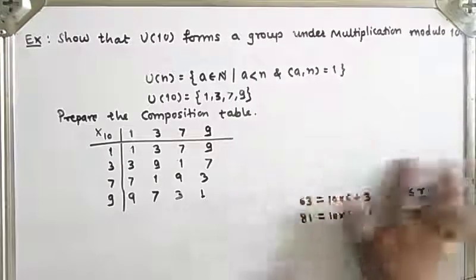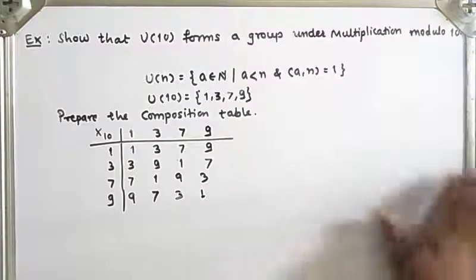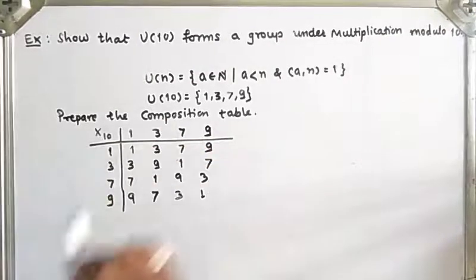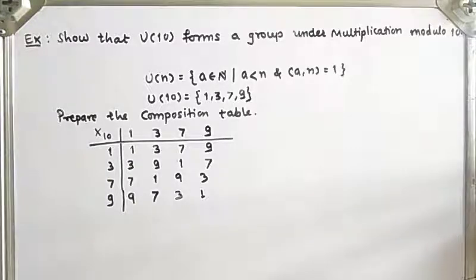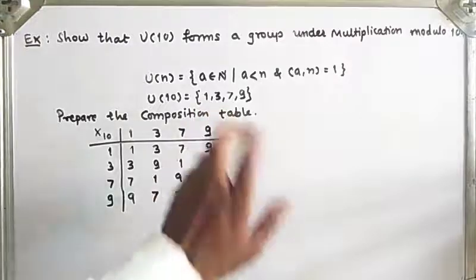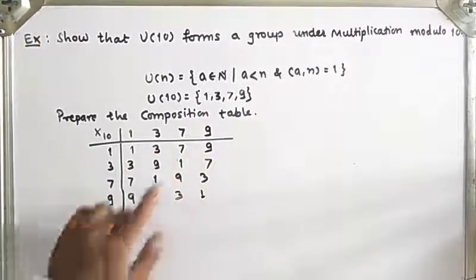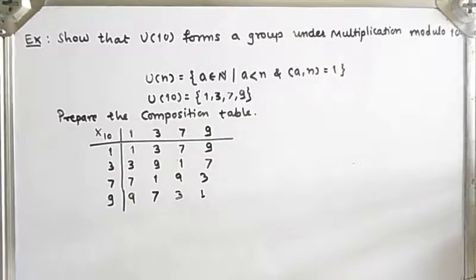So here in this composition table, we see that every entry in the table is from U of 10. First, the closure property is satisfied, meaning if we take any two elements from U of 10, then under the multiplication operation we get an element which is again from U of 10.